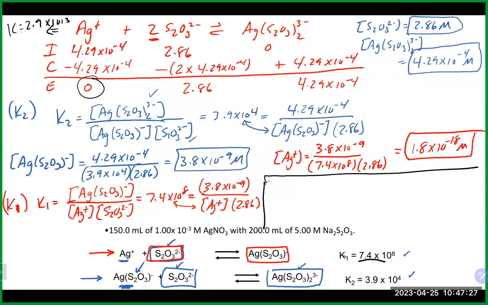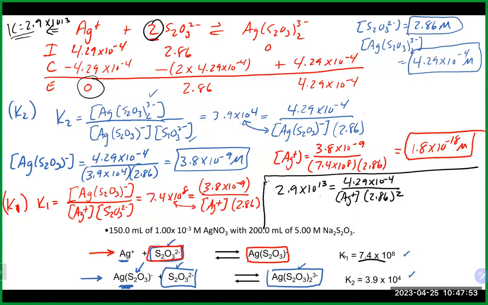So using the overall K value, we would have 2.9 times 10 to the 13 equal to our 4.29 divided by our silver concentration and our 2.86, which we need to square because we're using this equation here.